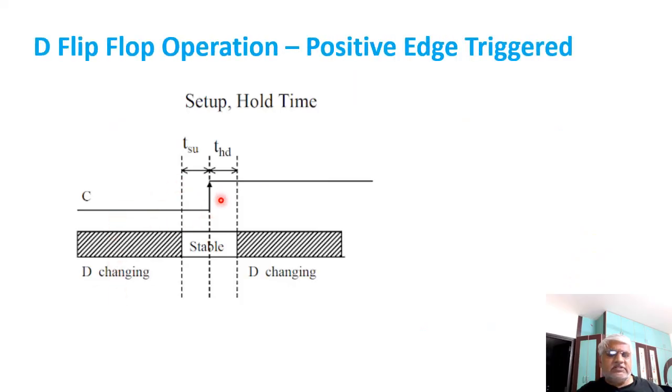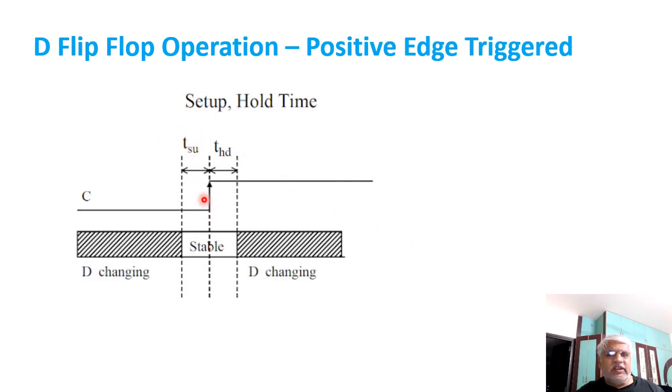As discussed earlier, in the non-ideal case, the data has to be stable before the positive edge of the trigger of the clock. Okay, so here we are considering the positive edge triggered flip-flop.